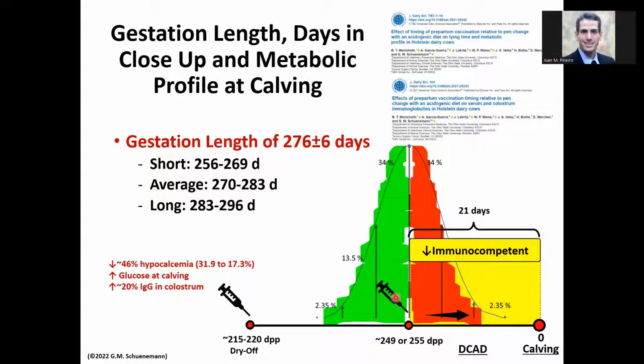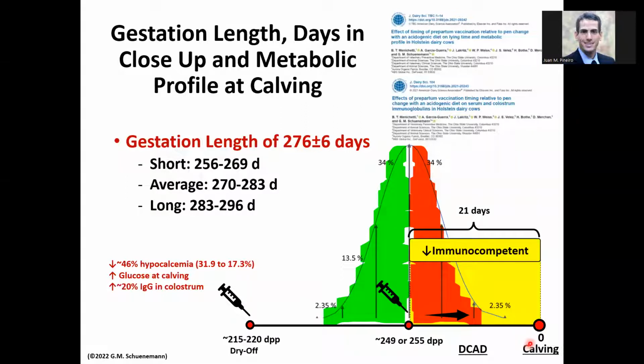So what we found is if we vaccinate or move cows on day 28, compared to vaccinating and moving on day 21, if we do it on day 28, a week earlier, you have less hypocalcemia, you have more glucose at calving, right? And remember that at calving, you need two things.